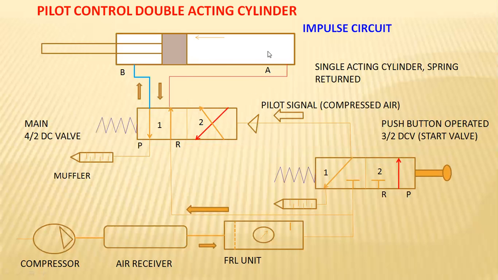The compressed air which already entered into portion A will tend to move in the return direction, and at this moment it will be connected to here, and from here to P, which releases towards the atmosphere directly.